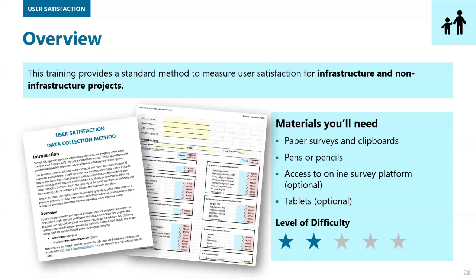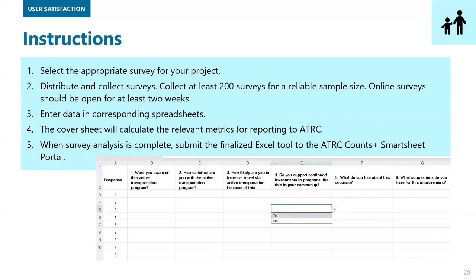The materials you'll need, again, this really depends on how you'd like to distribute the survey. So that could be either in person or online. We know many of you, if not all of you, have distributed and successfully gotten data from your community members. So we'll really leave those decisions up to you. So the instructions are, first, select the appropriate survey.